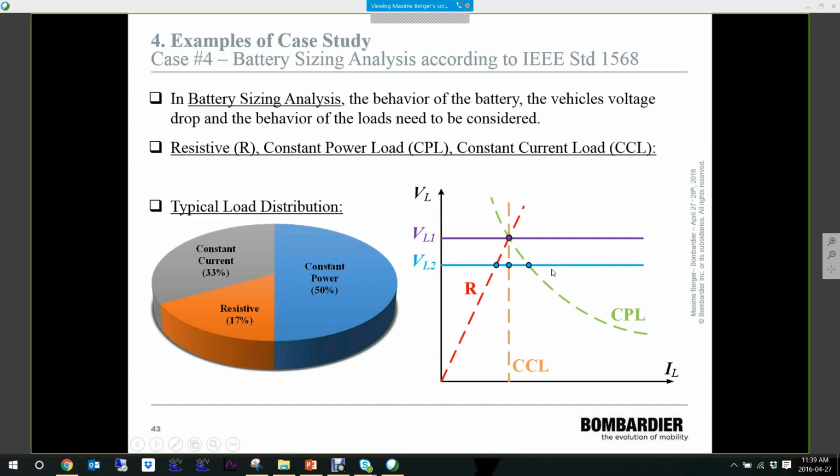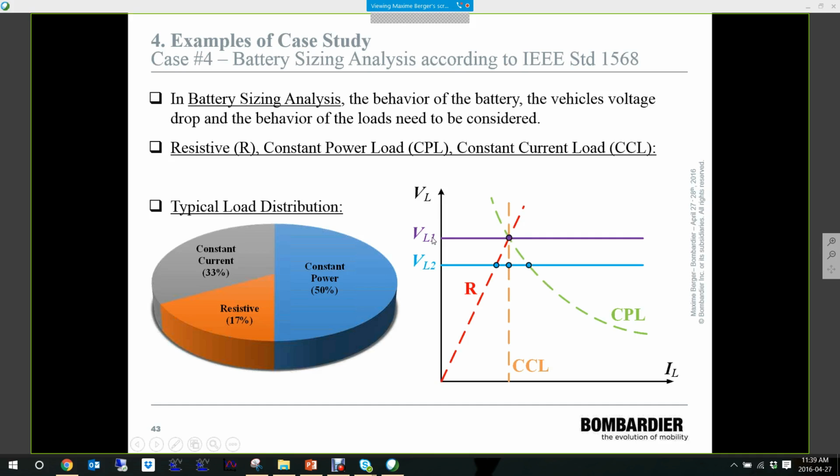And what we see on the graph on the right is why it is important to consider the variation of these loads during battery sizing analysis. In this example, when the voltage is equal to VL1, the resistive, the constant current, and the constant power loads are all operating at the same current.